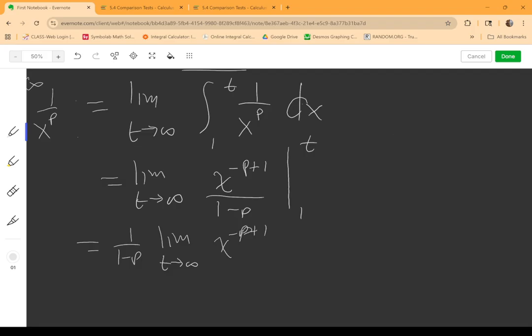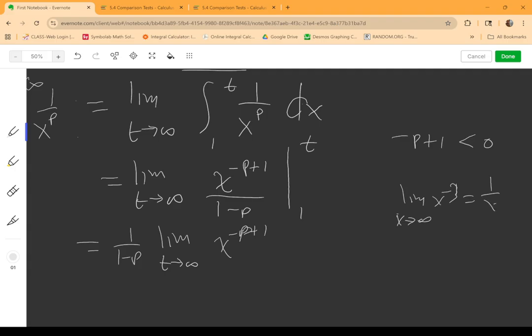So it would converge when negative p plus 1 is less than 0. And the reason for that is because now we're in the case where it's like 1 over x to some power, and then it'll grow without bound in the denominator. Think of the limit as x goes to infinity of x to the negative 3.